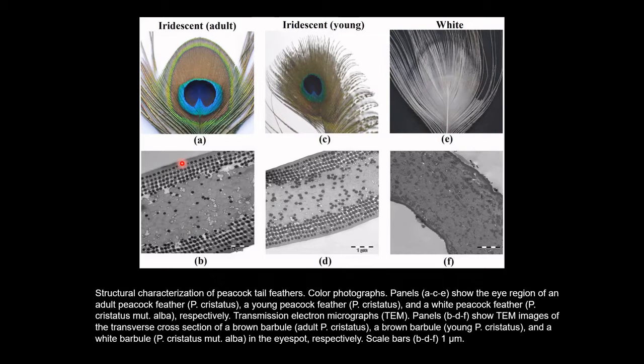We don't need to know the details from a biological perspective, but light reflecting off of that structure is going to behave a lot like light passing through a multiple slit setup. And then over here with this white feather, you don't see that same kind of regularity. So almost immediately we can recognize why you would expect to see a diffraction phenomenon for this type of barb or barbule, but not so much from this one.